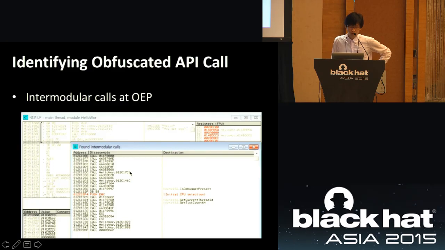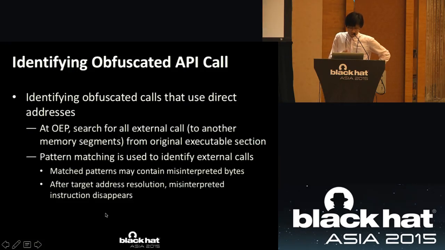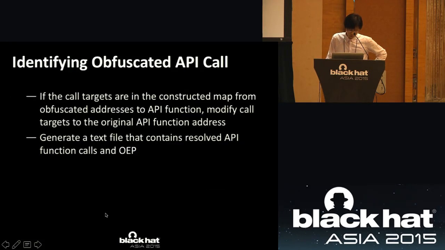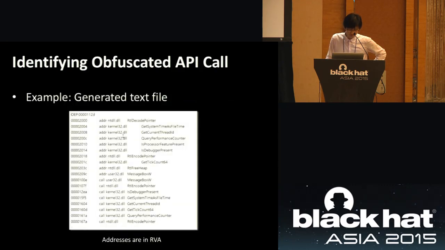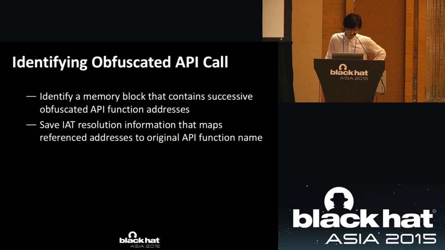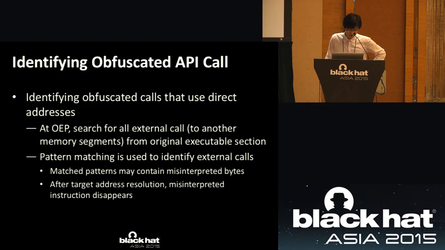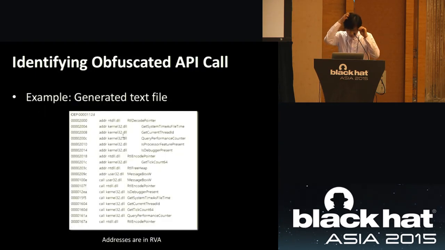When we find intermodular calls, we can find that many addresses are in newly allocated blocks, and they contain some indirect addresses. So I resolved the addresses using the built map and generated a text file.